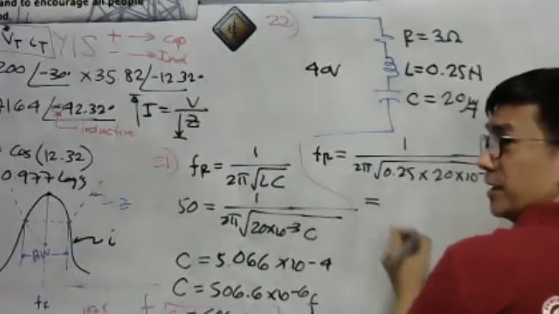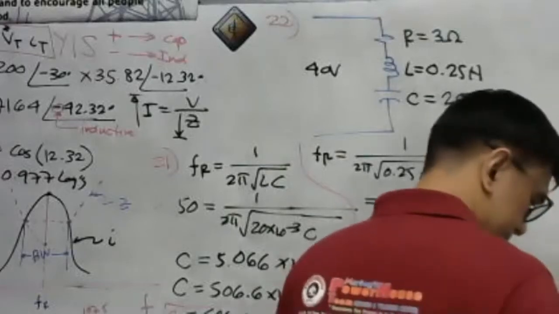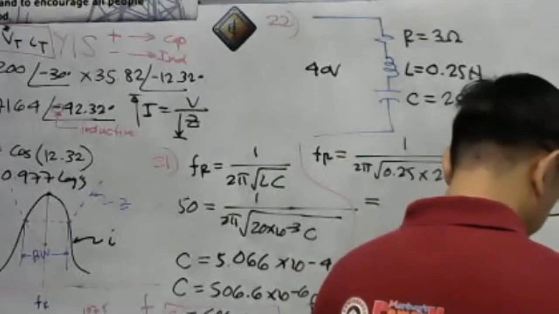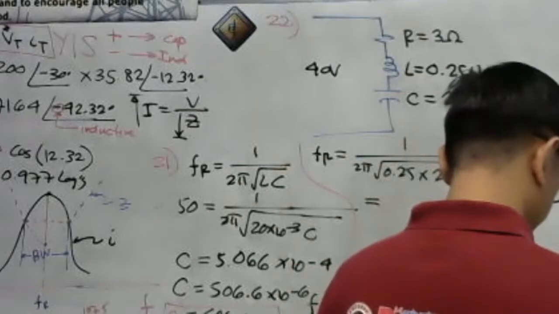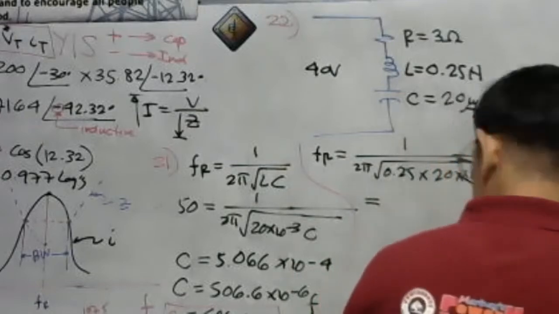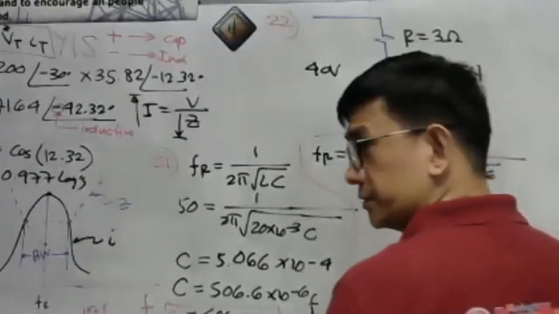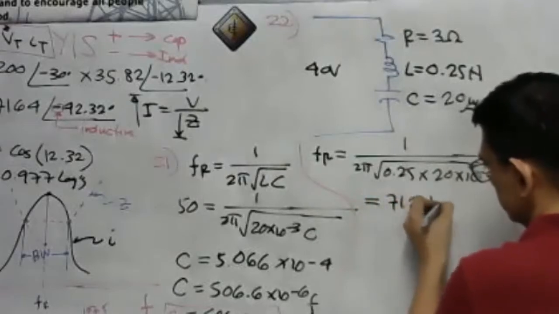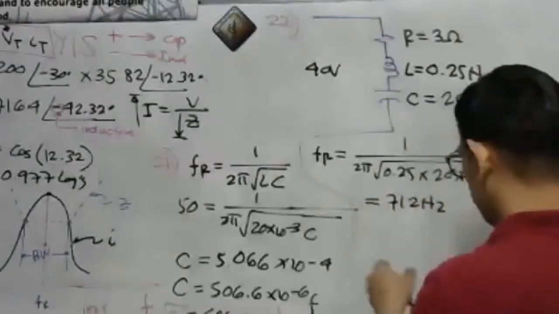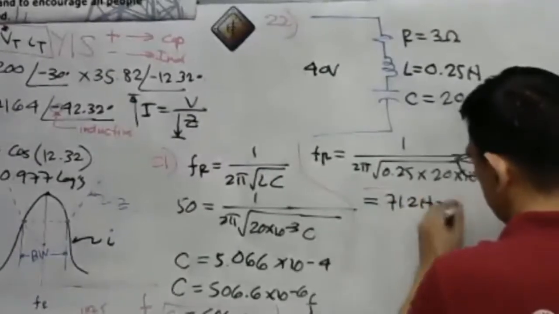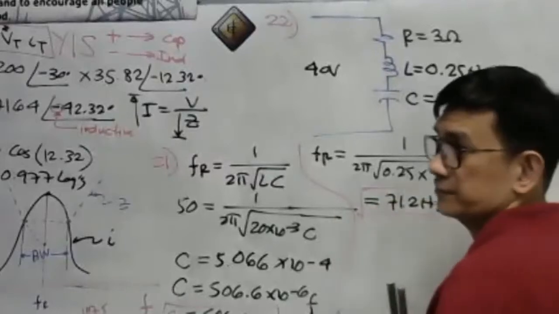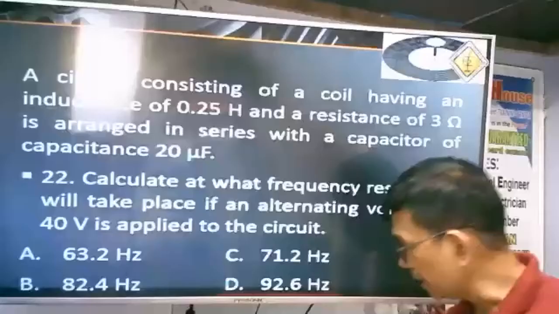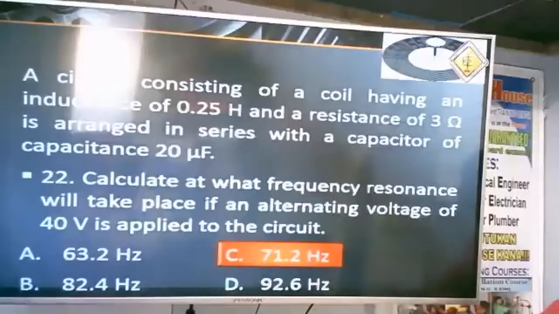So what is the resonant frequency here? 71.2 hertz, letter C. That will be our resonant frequency. The answer is letter C. Let's go now to number 23.